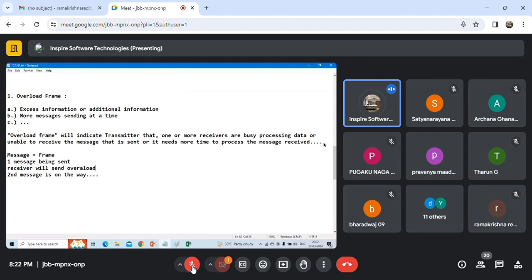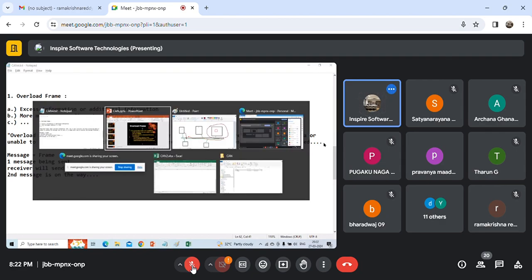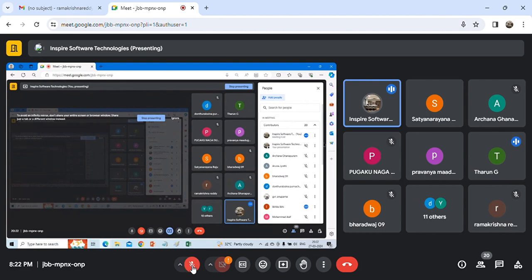At that time the receiver will send an overload frame: I am overloaded with the first message itself. You do not send the next message. You wait for me for a certain time. So that is the purpose of using the overload frame. Everybody understood? Anybody having doubt? Yes, sir. Pravanya, any doubt?